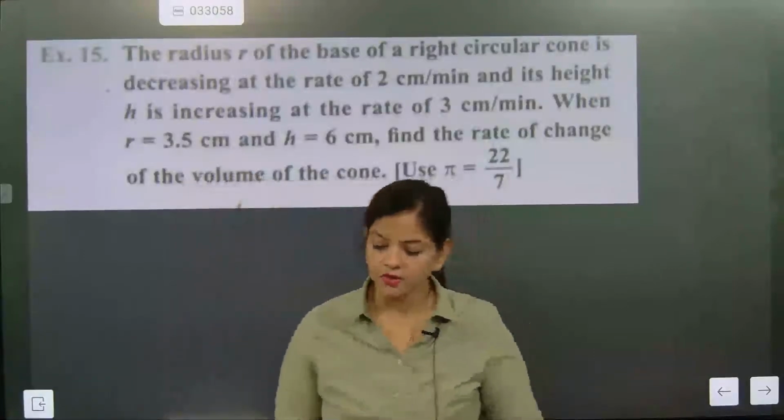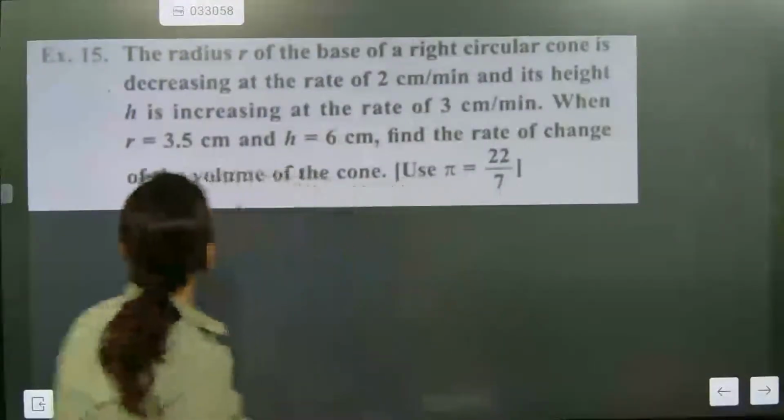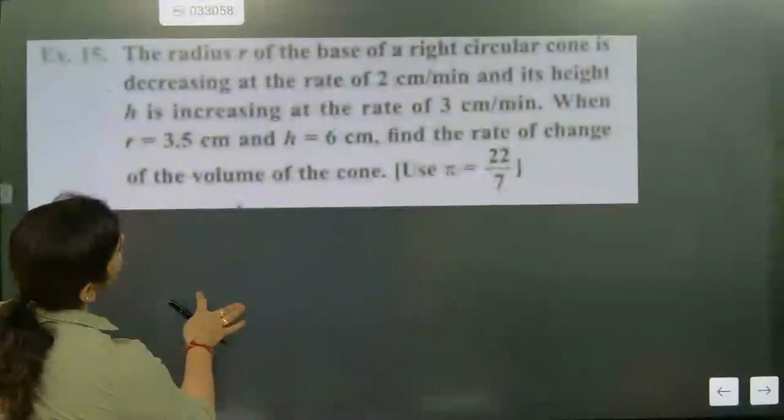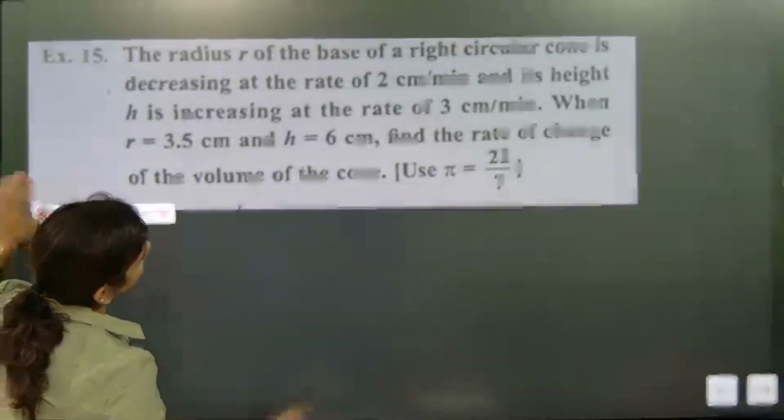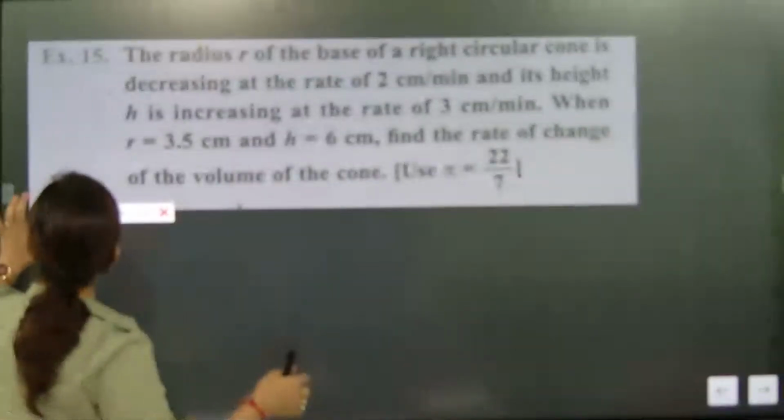Try this question out. So the radius r of the base of a right circular cone is decreasing. So now here what they have given is a right circular cone we are going to take.